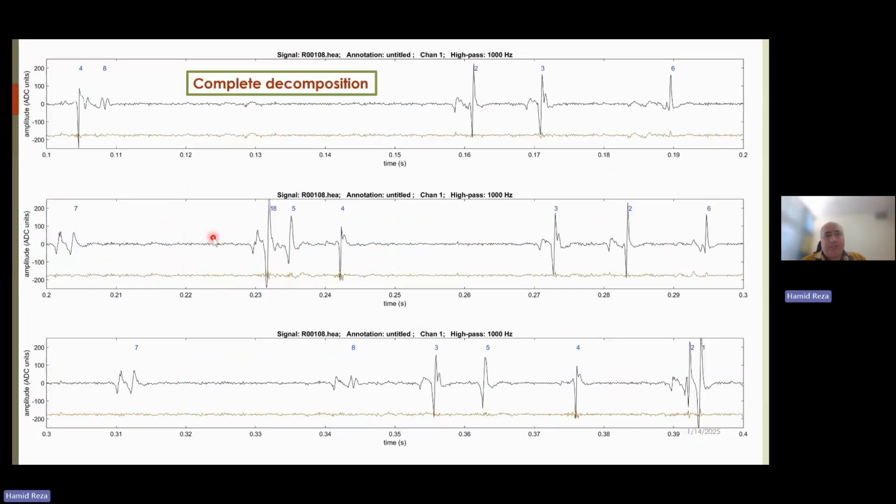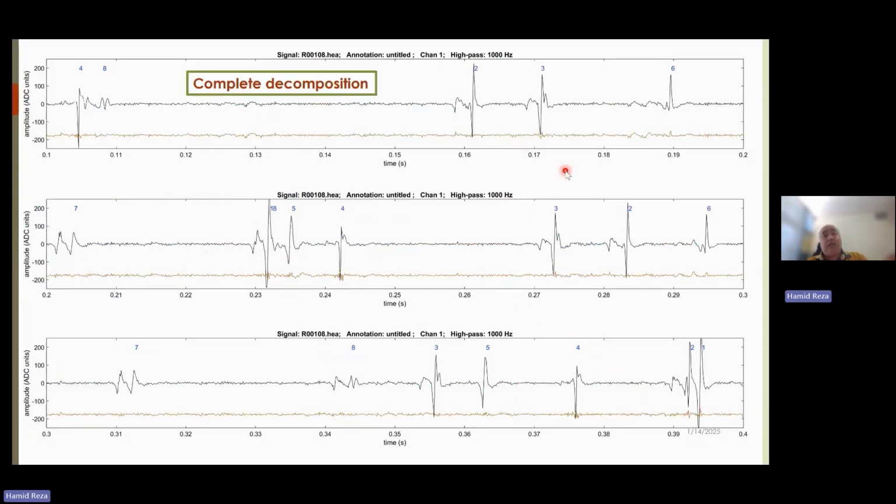So here is the complete decomposition from the 3 epochs of the signal. You can see the location of all of them, and here 1 and 8 overlapped, and now the residual is minimized, and also 1 and 2 overlapped, as I mentioned, and now the residual is minimized. When you look at the residual signal, the brown one, you will be able to see if you missed anything or not.